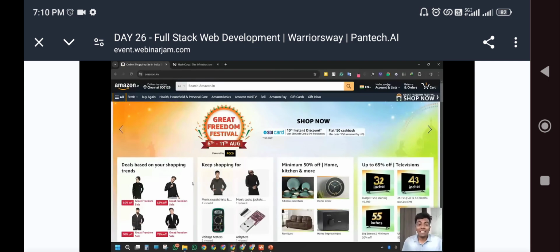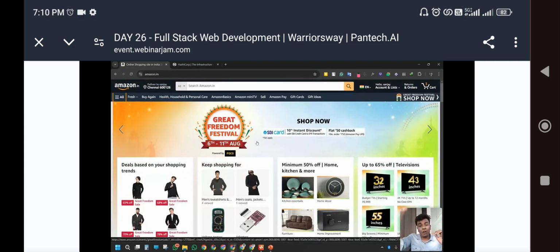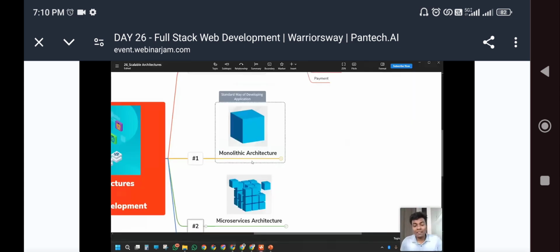That is where the search bar comes in. So the whole platform is going to have a lot of individual components or services. Whenever you're talking about a monolithic, everything is inside a single part or single segment, and that is called monolithic.